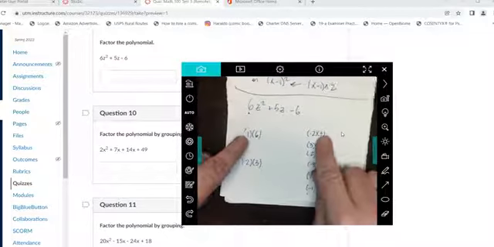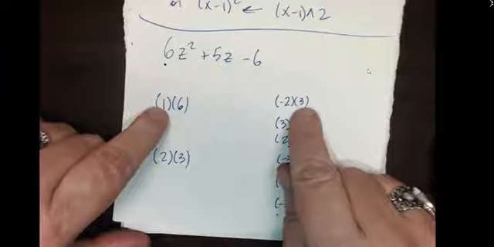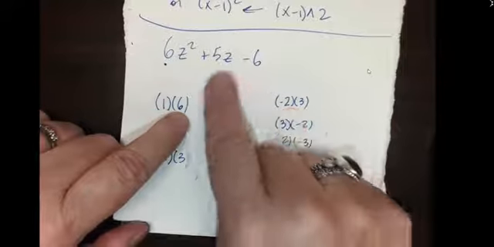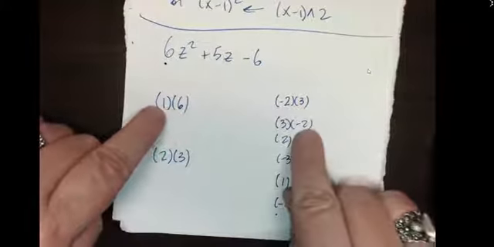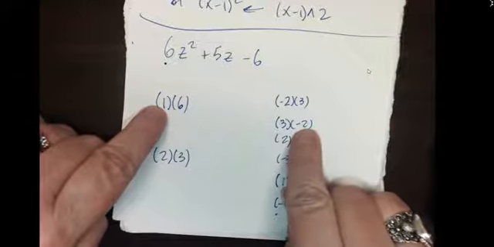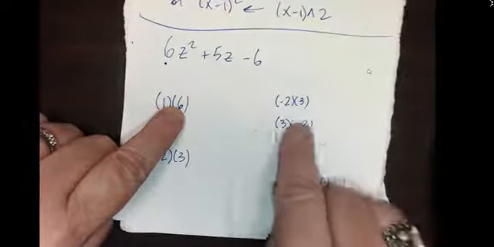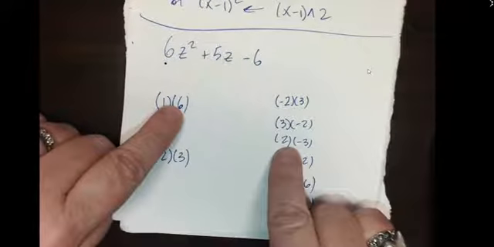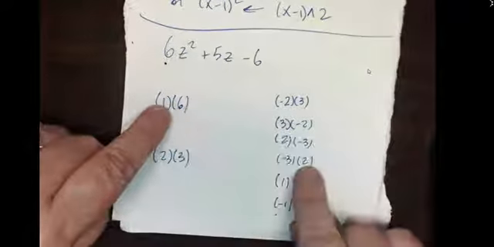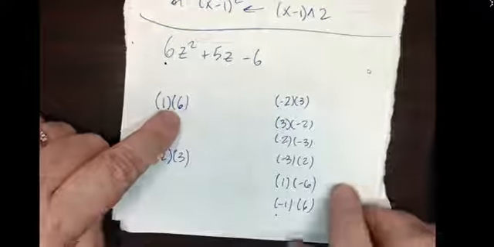So I'm going to have 3 minus 12. That does not equal positive 5. So this pairing won't work. Negative 2 plus 18. It's going to be 16. That doesn't equal 5. That pairing doesn't work. Negative 3 plus 12. That's not going to work. 2 minus 18. That's not going to work.